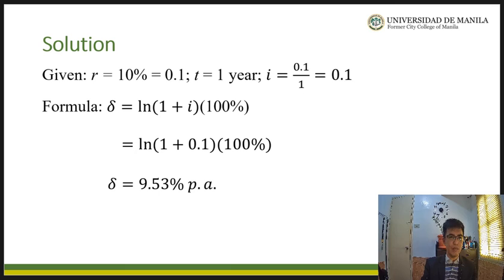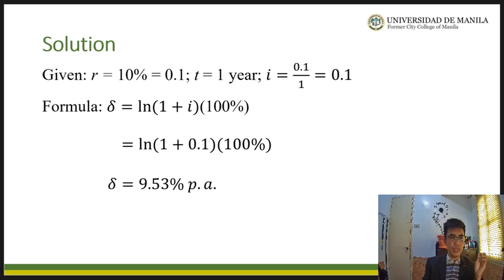What does 9.53% per annum mean? It means that an amount will accumulate to the same value at a rate of interest of 10% per annum and at a force of interest of 9.53% per annum.